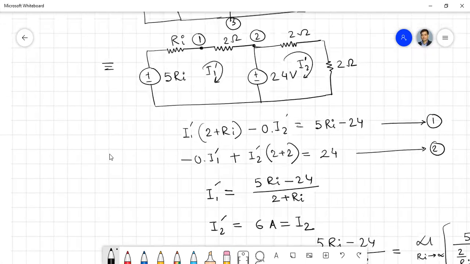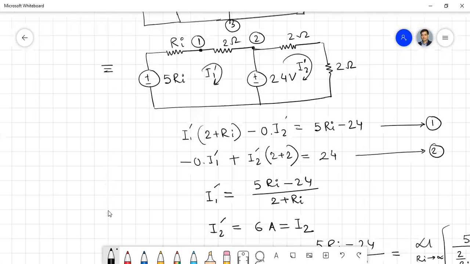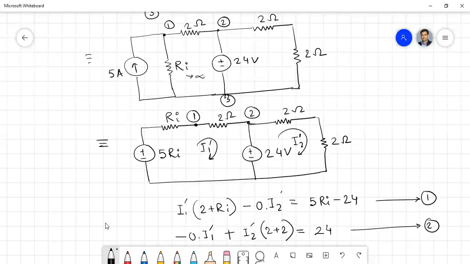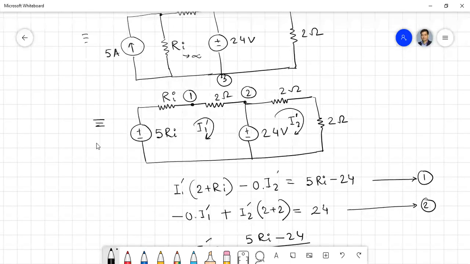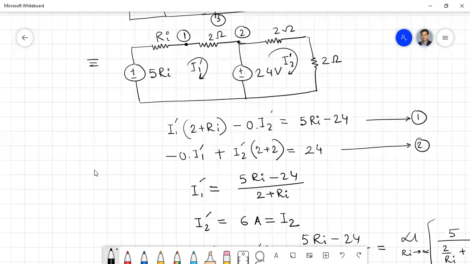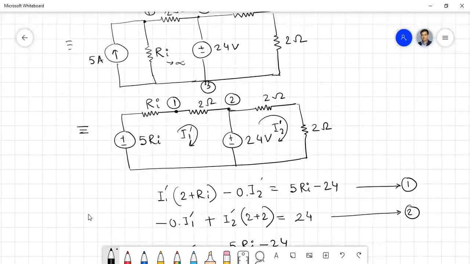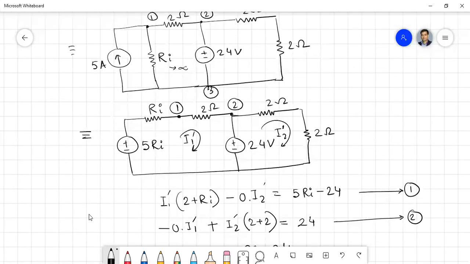And for a voltage source, if such a thing happens, then we have to take a resistance in series whose limiting value tends to 0. So these are the few things you have to remember when you are solving this type of circuits.